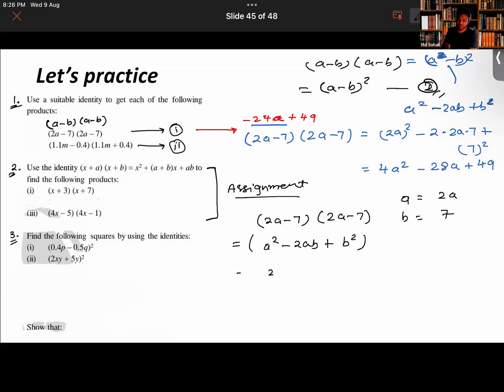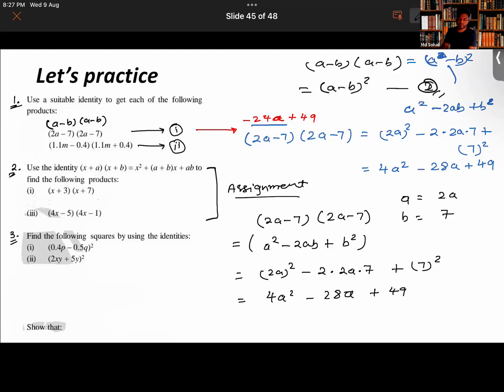Just put the values. So (2a) square minus 2 multiplied by a, that is 2a, and b, that is 7, plus b square, that is 7 square. So that is 4a square minus 28a plus 49. None of the terms are like terms here, so no operations take place further. Yes, sir.